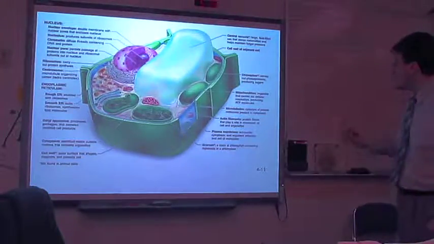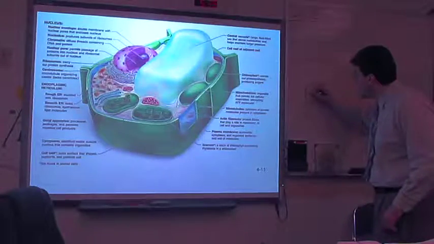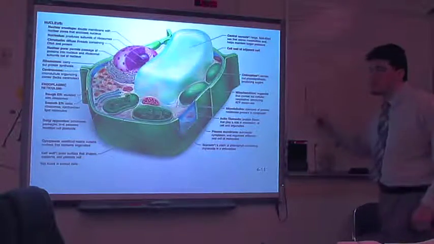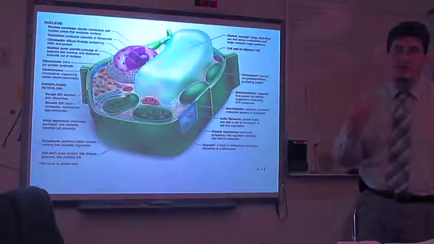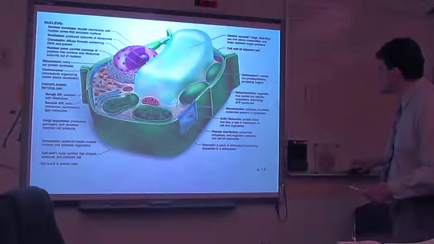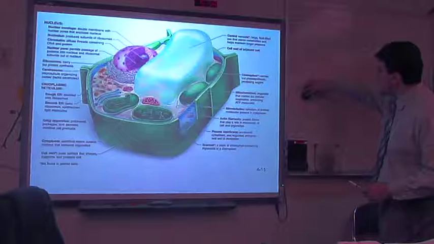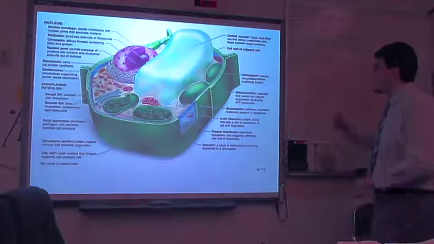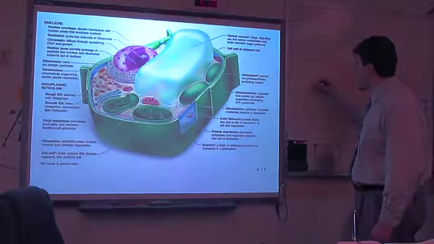No shading. Do not start shading in these cell walls. That is wrong. Plan diagrams are not shaded. They have no shading. They are only lines. They are merely line diagrams.